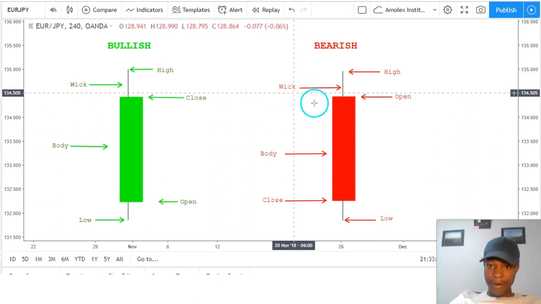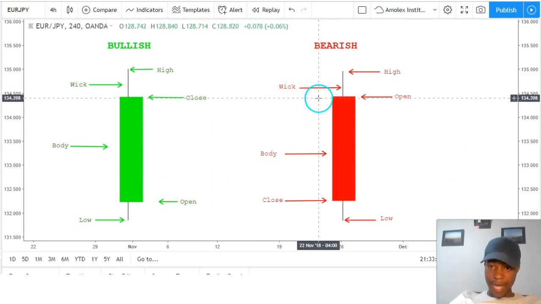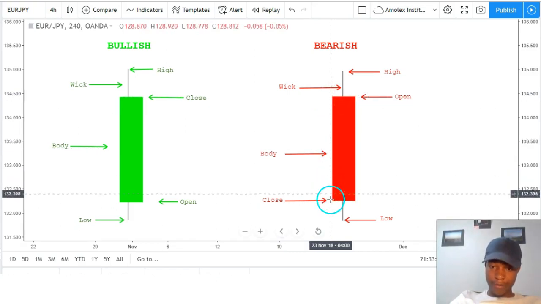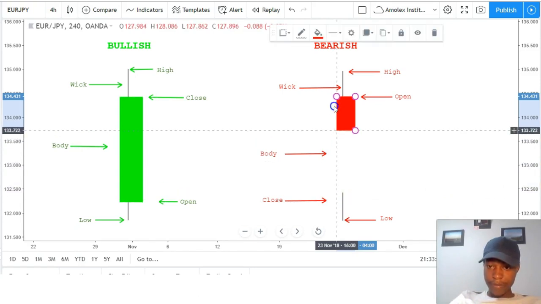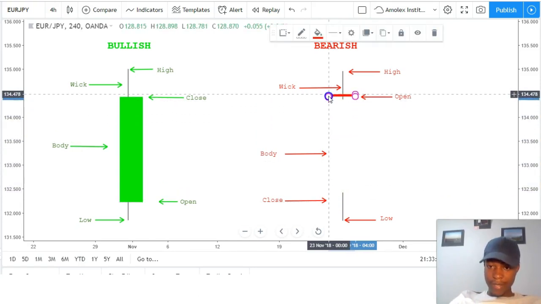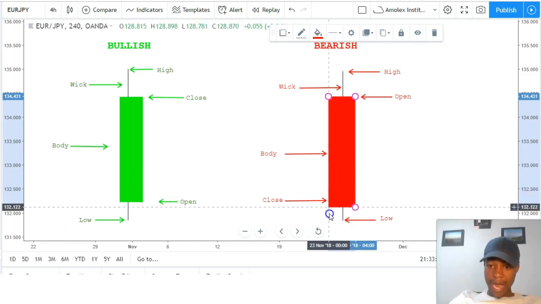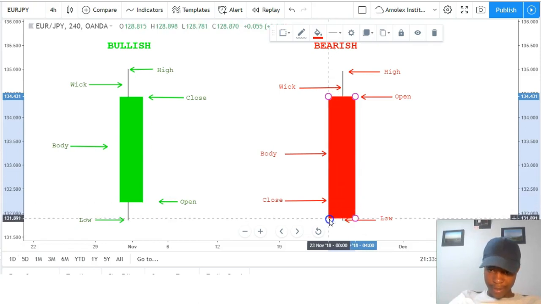Our open in the bearish candle is above, on top. So when the day started, the price was here. During the day it moved down and reached this low level.